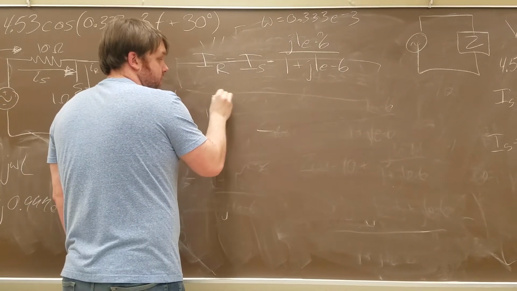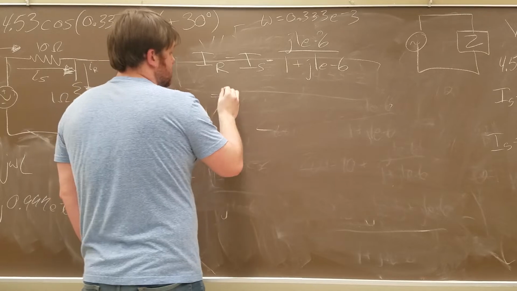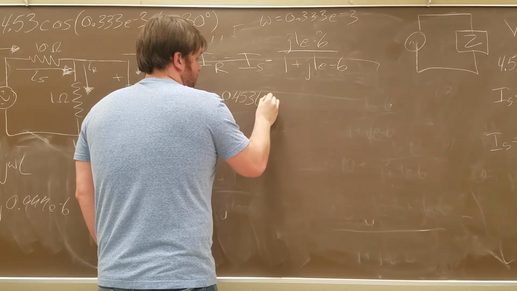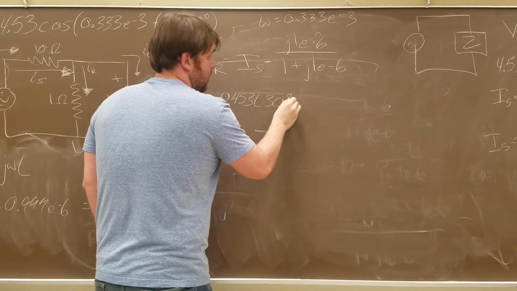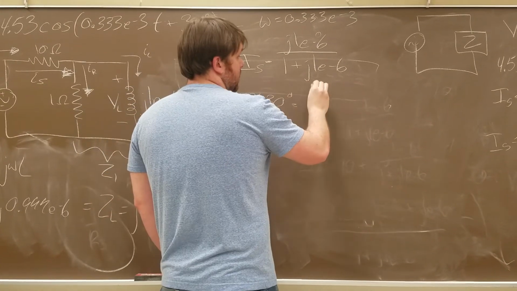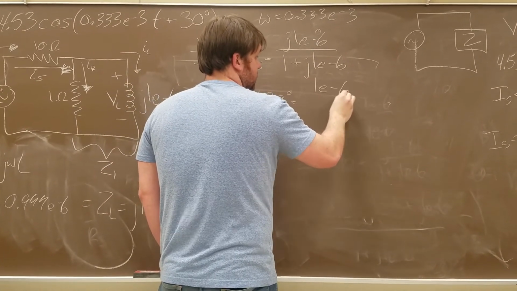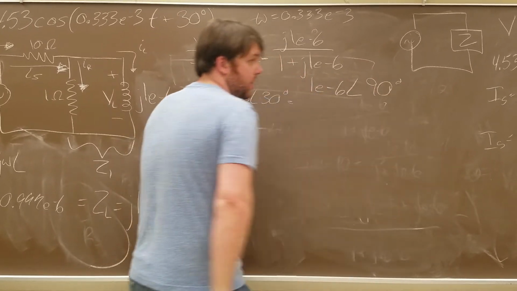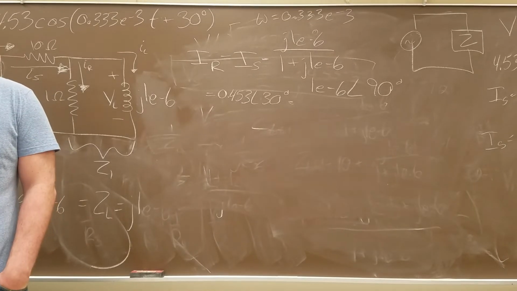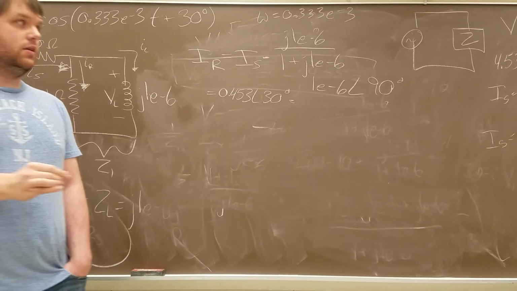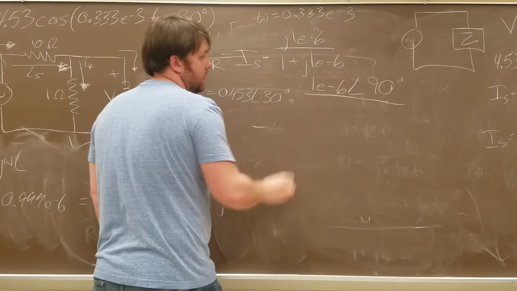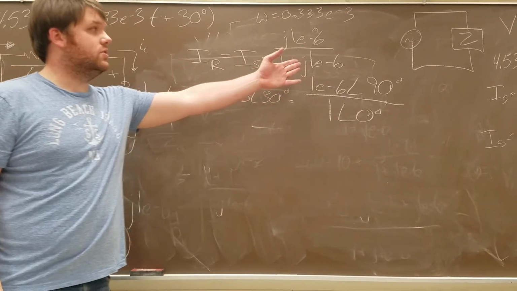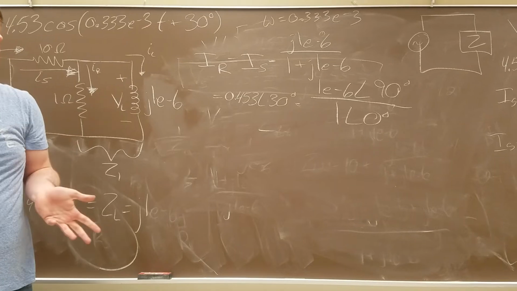I can convert this again to phasor notation. So this is 0.453 angle 30 times 1e negative 6 angle 90. Okay, that's important. When you have just j, that is angle 90 over 1 angle 0, because again, that is essentially way too small to be anything meaningful.